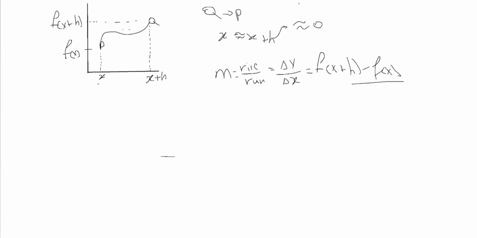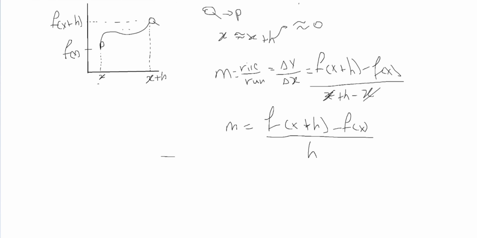Because delta y is y minus y sub 0, divided by delta x, which is x plus h minus x. We cancel the x's, and we get m equal to f of x plus h minus f of x, divided by h.